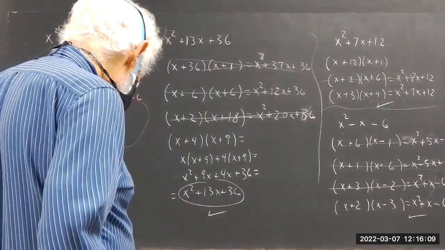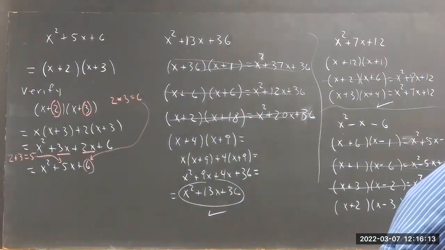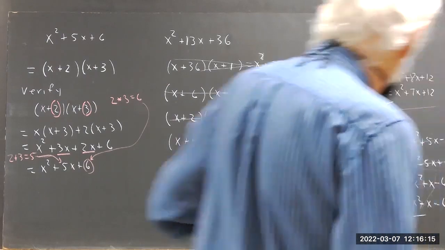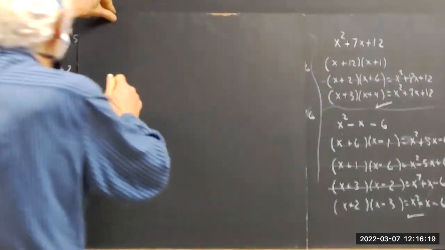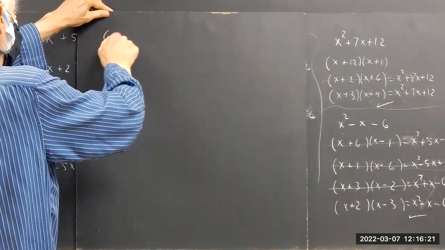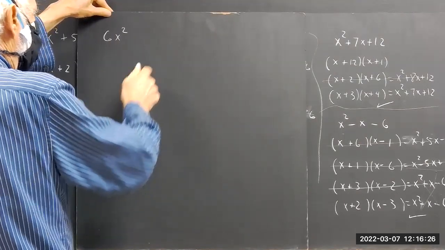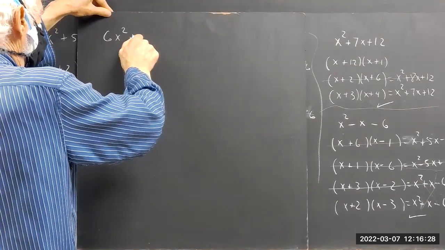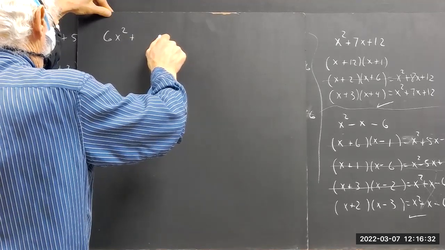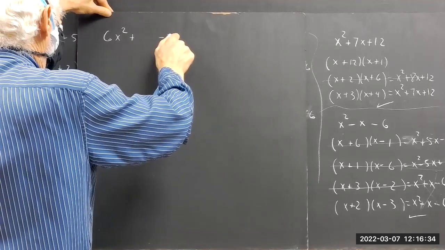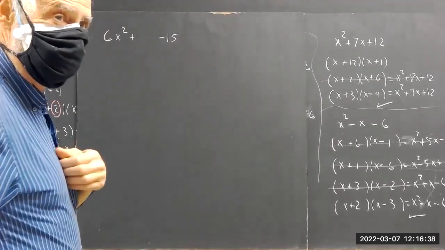Now, we don't have time to go over examples here because we spent a lot of time on factoring monomials, and especially factoring by grouping. But let's say we have 6x squared plus something, minus 15.